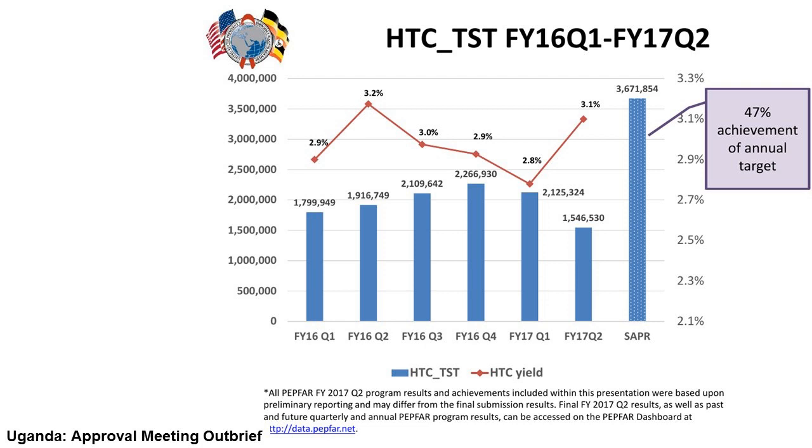So in quarter 1, the 2.8% of 2.1 million tests would be about 59,500 HIV positive individuals being identified in the quarter. And then in the second quarter, the 3.1% of 1.5 million tests would be about 48,000. So about 11,000 fewer people were being identified here, even though it looks from a yield perspective like they're doing better.